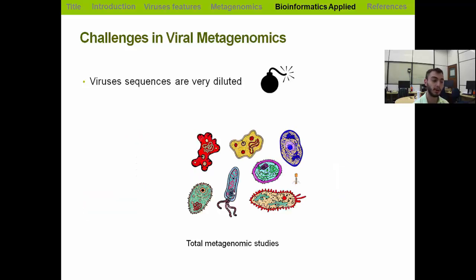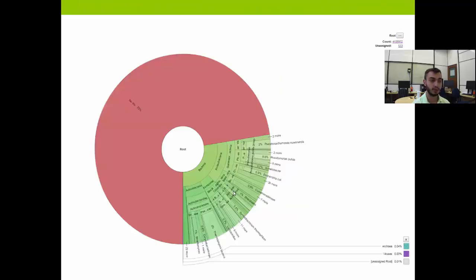Talking about the first way, total metagenomic studies, the problem is that the viral sequences are very diluted. To give an example from real work we are doing on composting metagenomics, this is the result. You can ignore the 73% no hit for now.